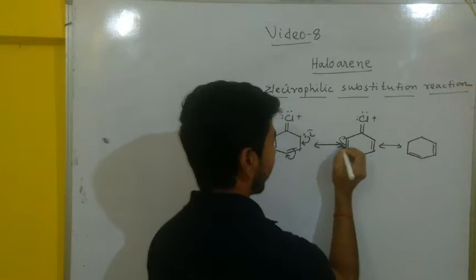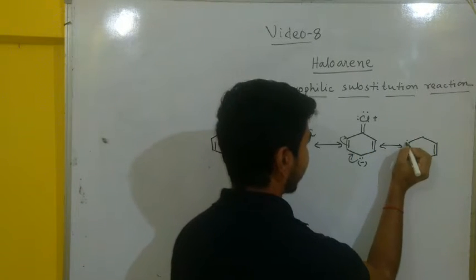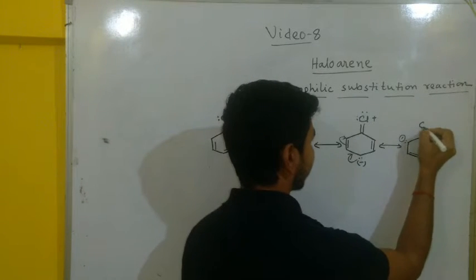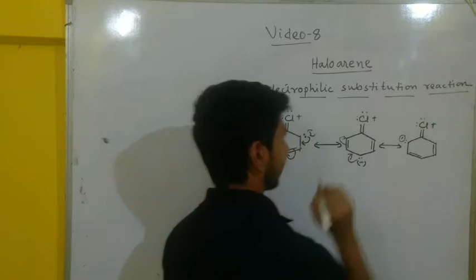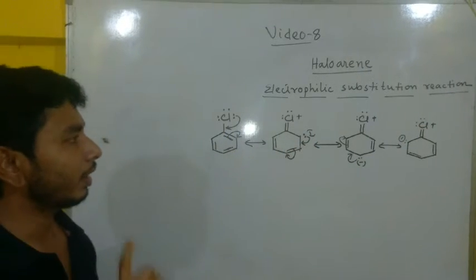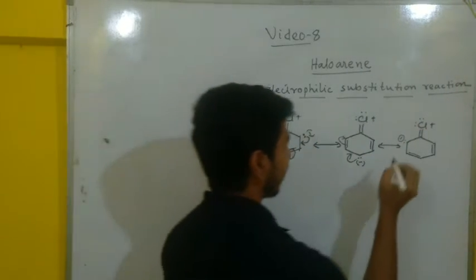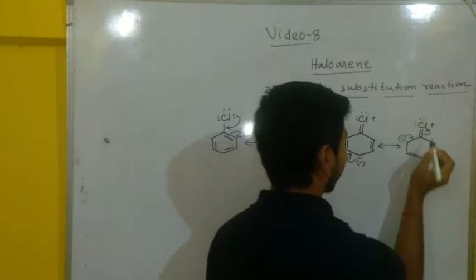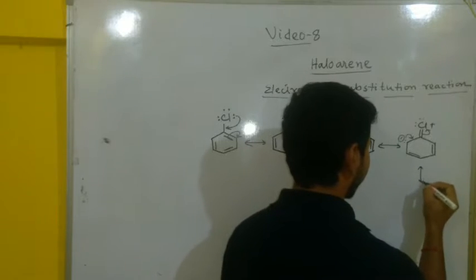Now this bond pair is shifted to the next carbon, so in the next carbon there is a negative charge with a lone pair, and here a double bond to Cl plus. In the next resonating structure, the lone pair will shift to the bond, and the bond will shift to the next carbon.